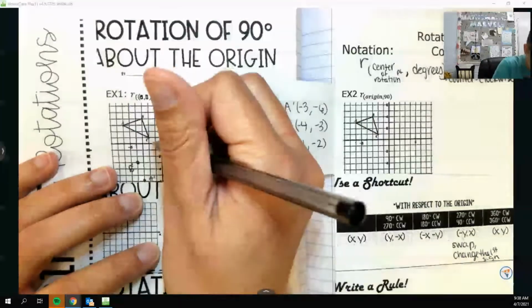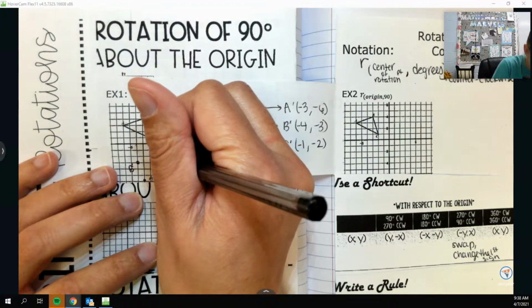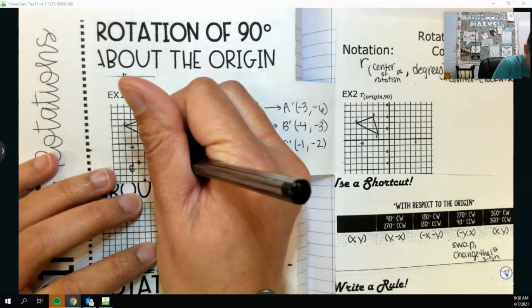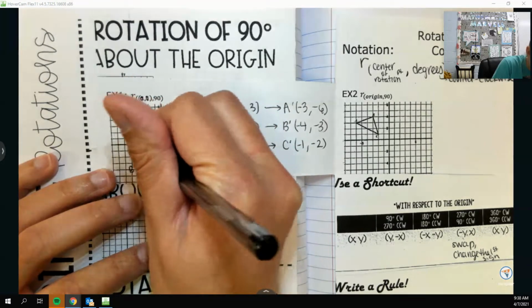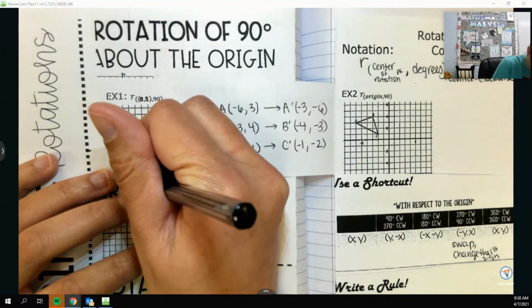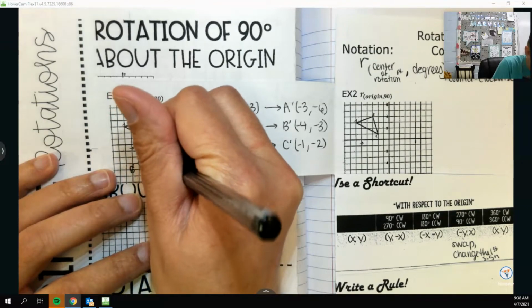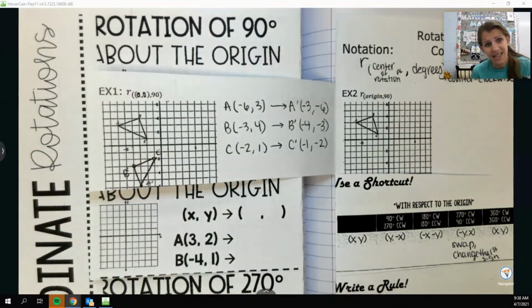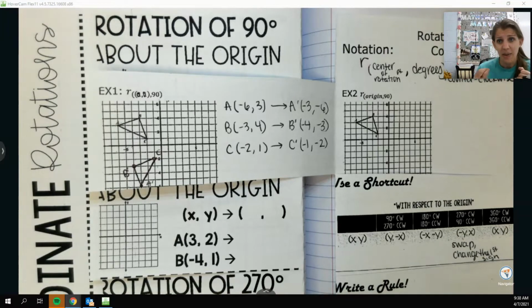And then C prime is at -1, -2. And then I reconnect and get my shape. And everything should remain the same. Same length, same angles, all that good stuff.